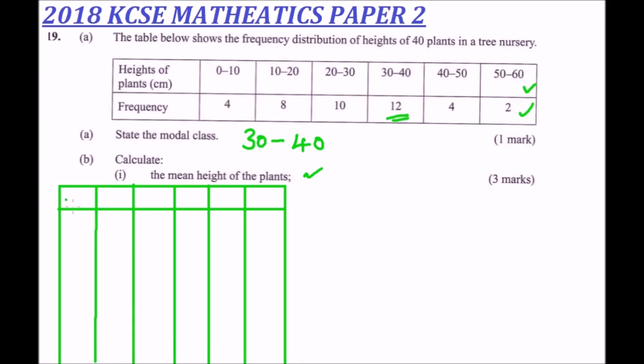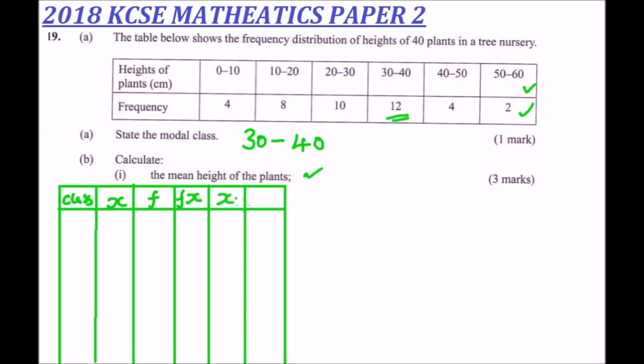So you have the first column, you have the class. The second one is our x, and this x represents midpoint. Then we have our frequency. Then we multiply the frequency by our x, which is a midpoint.